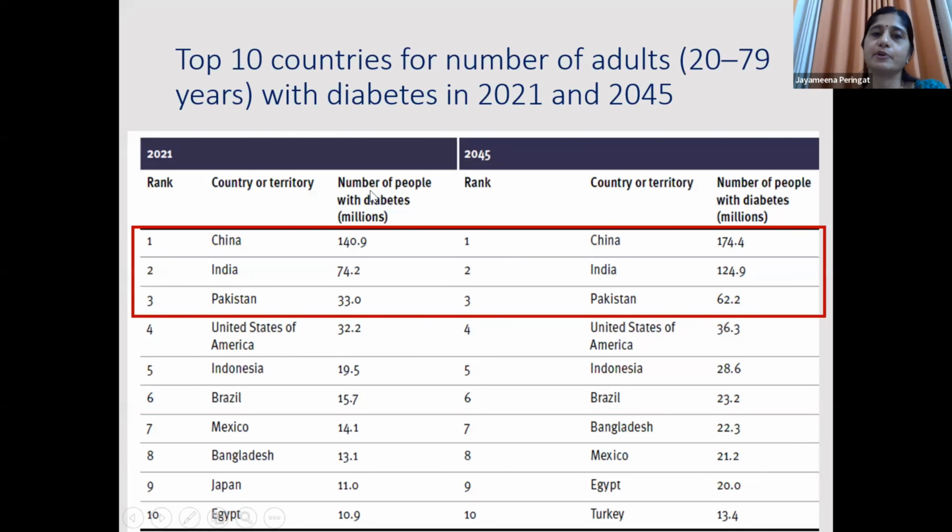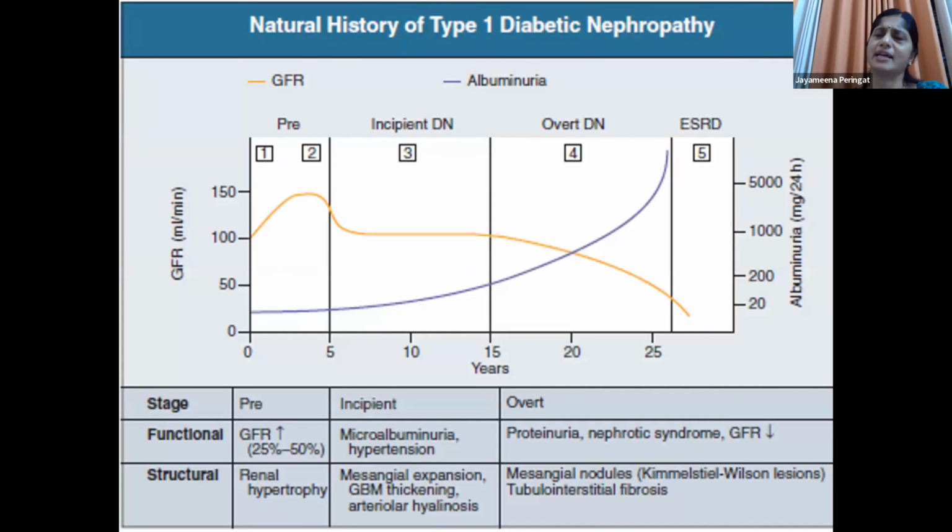The number of people with diabetes in India is about 74 million as of 2021, and the projection is almost double by 2045. With that, we know what the increase in the burden of CKD will be in the future.